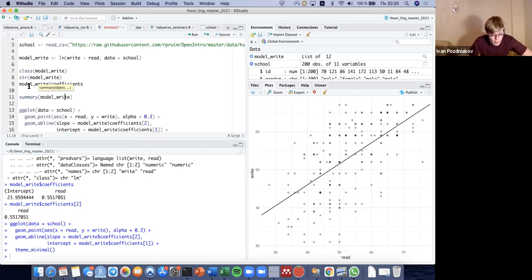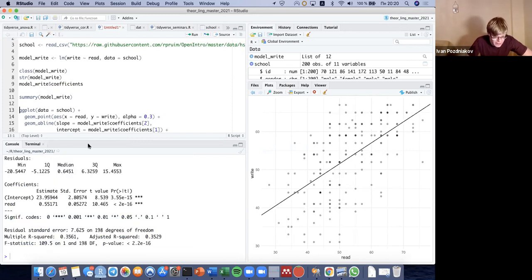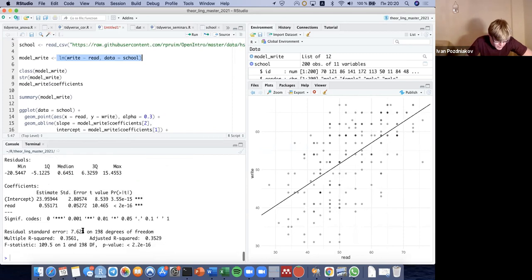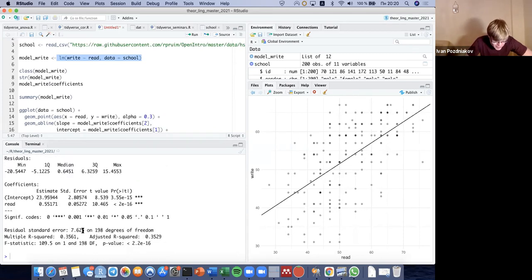It's especially important for linear regression, because this is the way to get informative results, not just printing the results of the lm function. And here you get much more than when you print lm. You get the residual standard error, multiple R squared, adjusted R squared, F statistics, p-values, and so on.